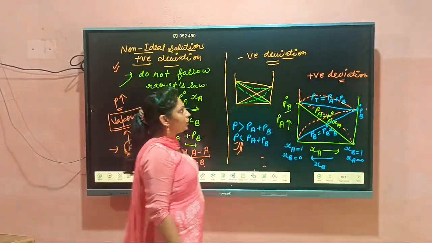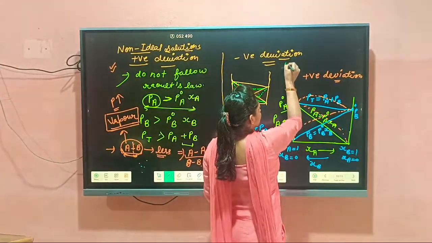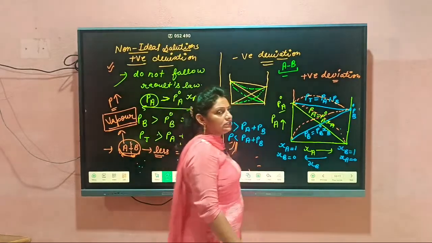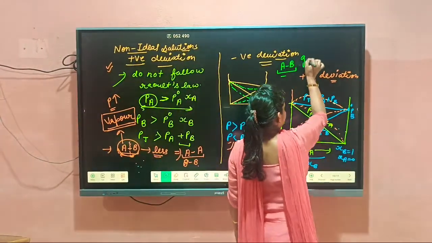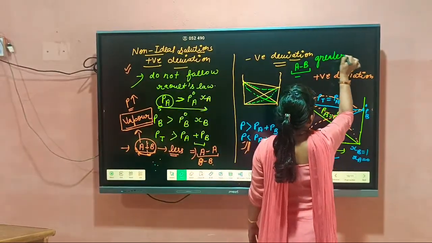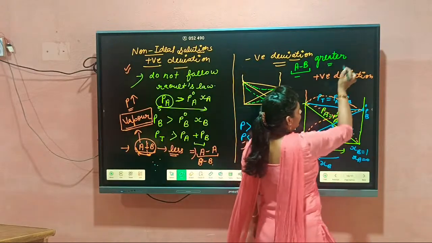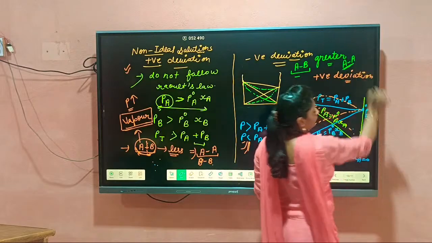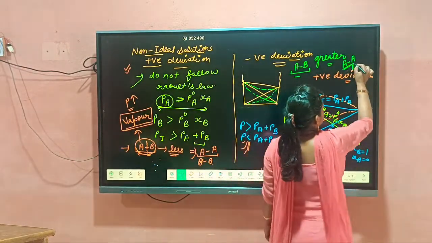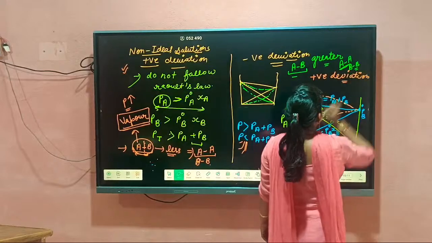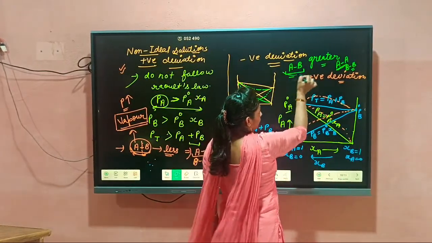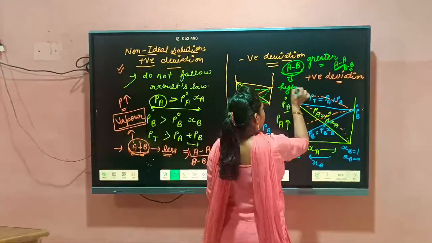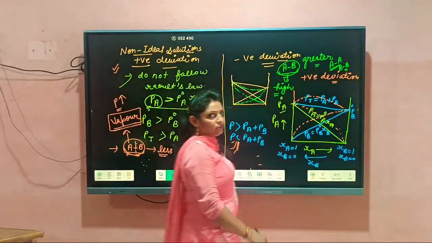Why is it so? Because here the interaction between the A and B particles is greater as compared to the interaction between solute particles and solvent particles. Because here force of attraction is more, greater force of attraction is here.